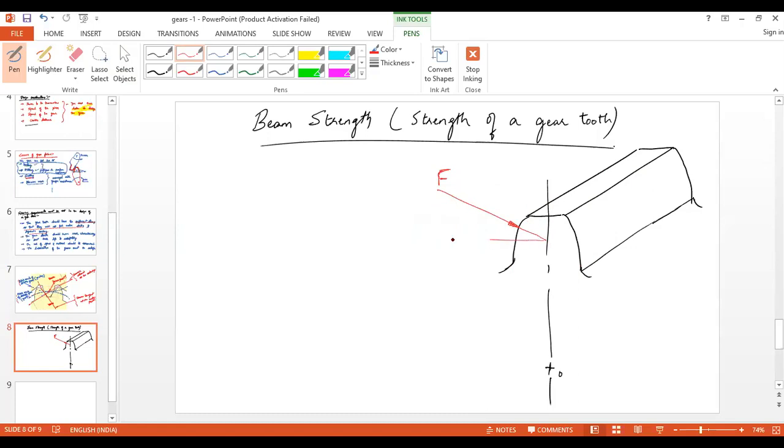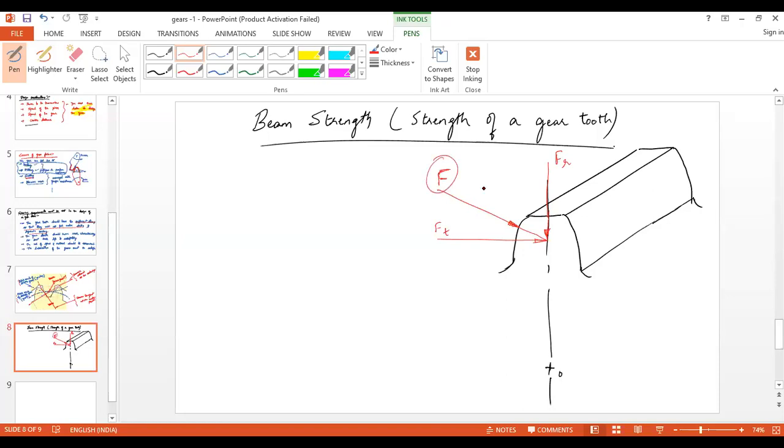This can be called the horizontal or tangential load, and this can be called the radial load.